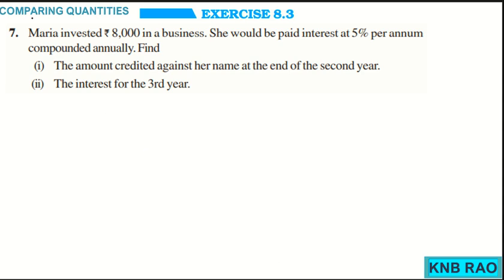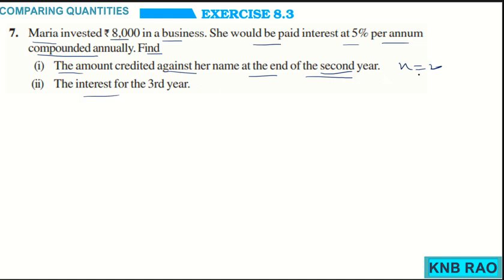Coming to question number 7, Maria invested 8,000 in a business. She would be paid interest at 5% per annum, compounded annually. Find the amount credited against her name at the end of the second year, and the interest for the third year.